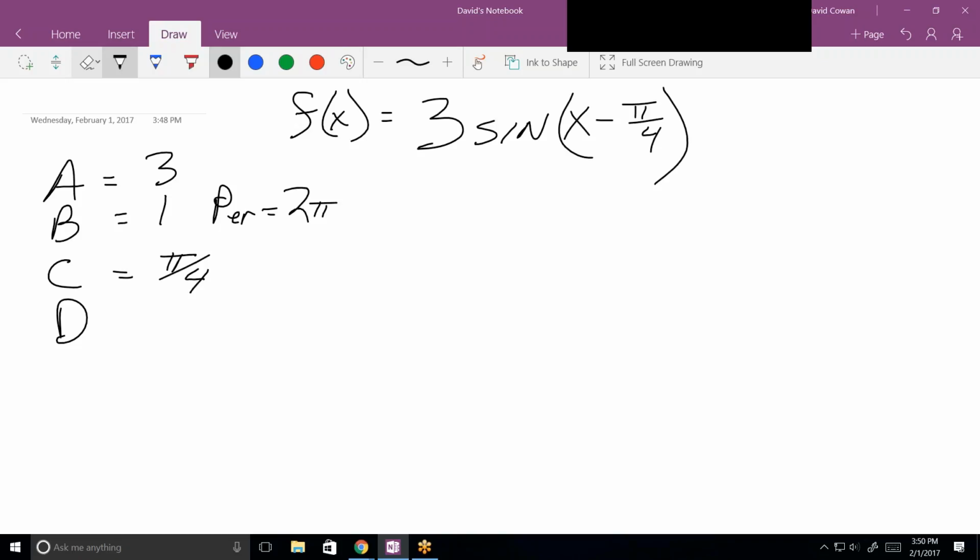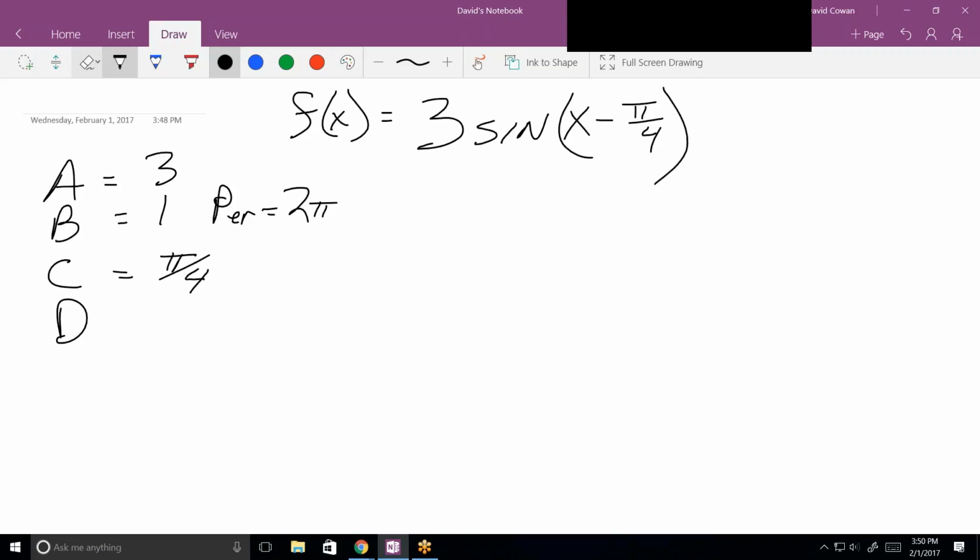In other words, this, much like everything else in algebra, is always an x minus h. Think about quadratics, it's x minus h. Think about conic sections, it's x minus h, y minus k. You don't ever run into an x plus anything until you get to calculus.